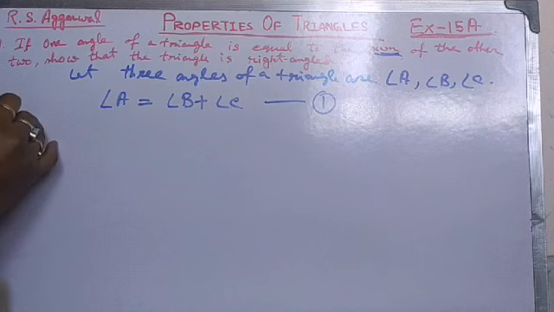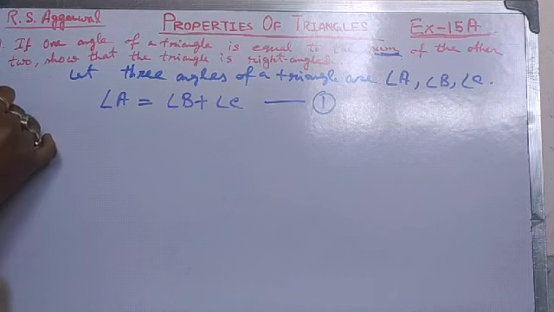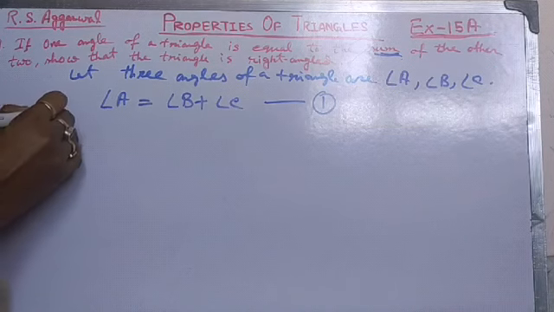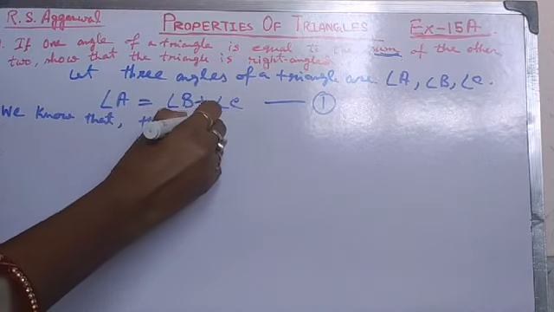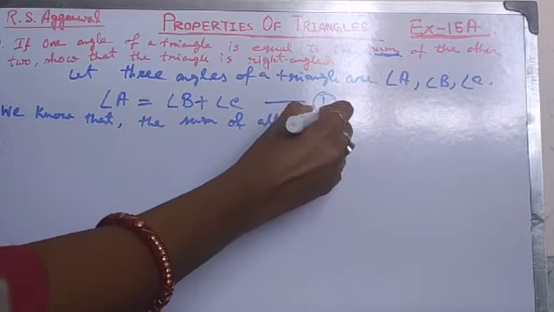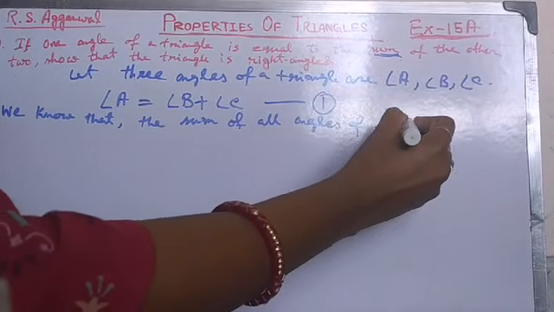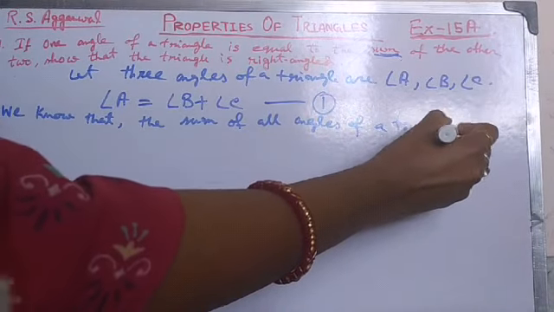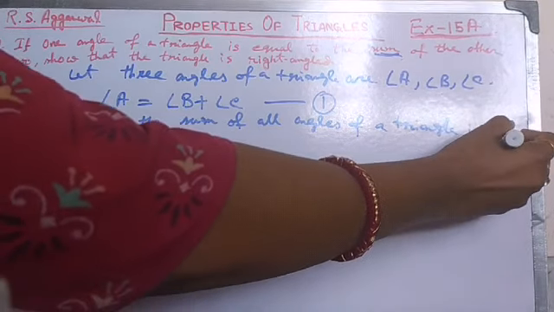Now we know the property that the sum of all angles of a triangle is 180 degree.